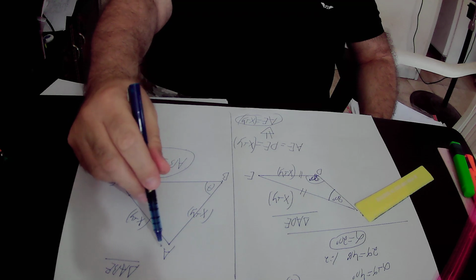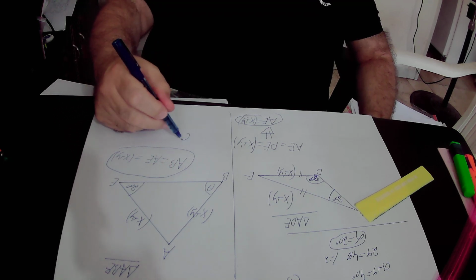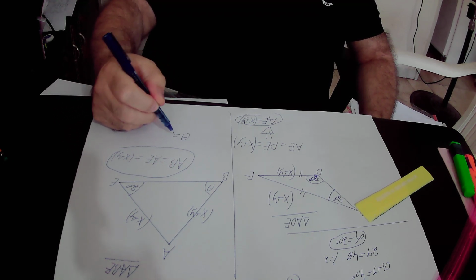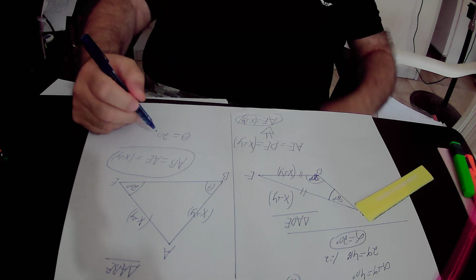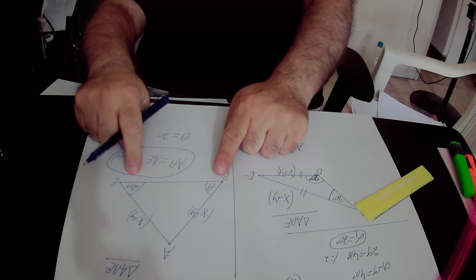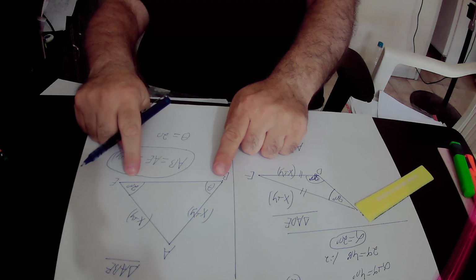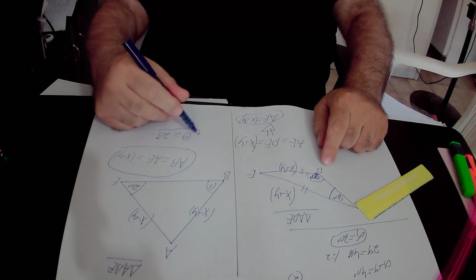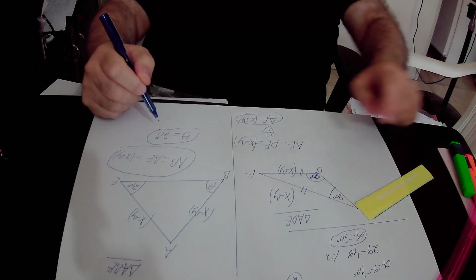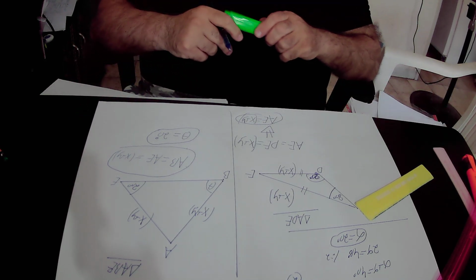In front of side AE we have angle theta, and in front of side AB we have 20 degrees. So those two angles must be equal to each other. That is to say, angle theta must be equal to 20 degrees. Okay, so we found out that angle theta equals 20 degrees.